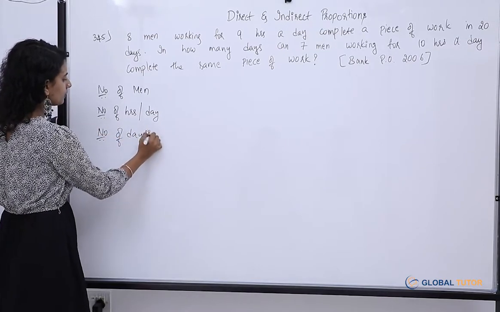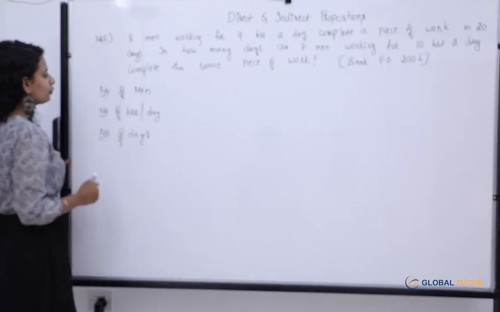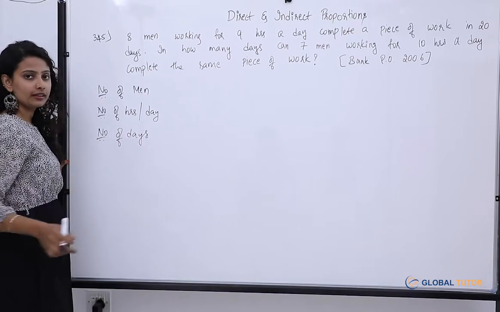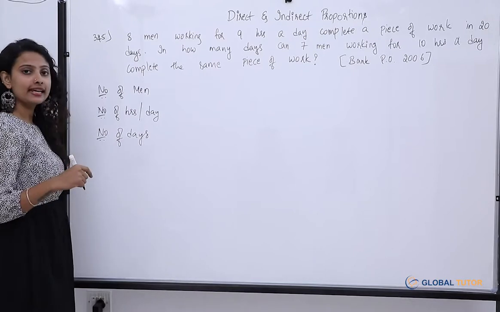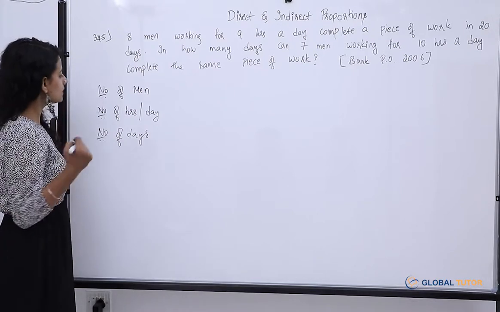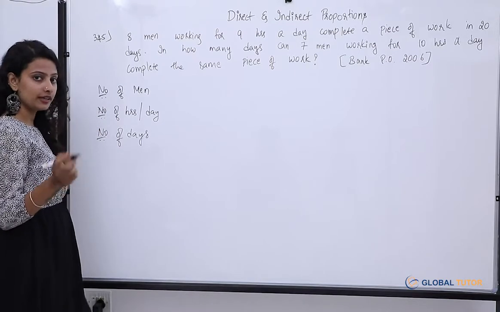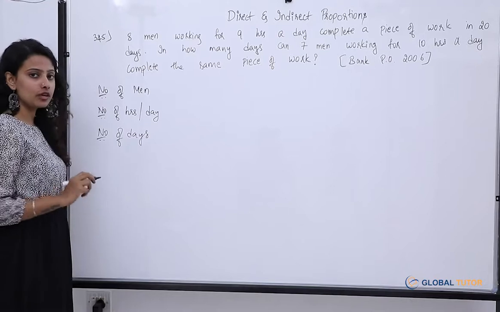If you observe here, if more number of men are there, then less number of days it will take to complete the work. So it is indirect proportion. Similarly, if you have more number of hours per day, then it will take less number of days to complete the work.